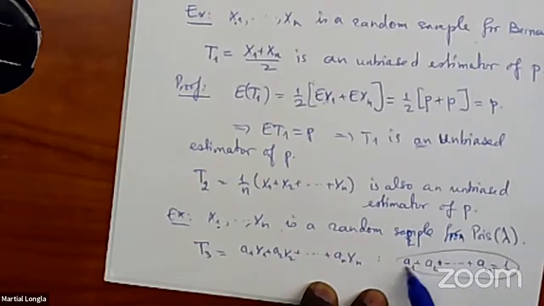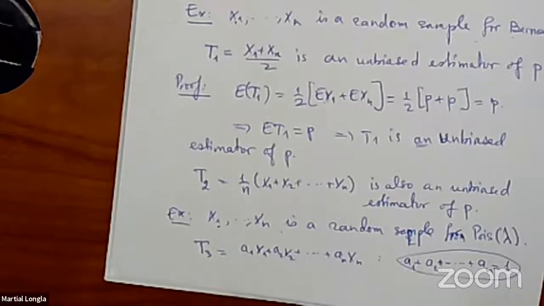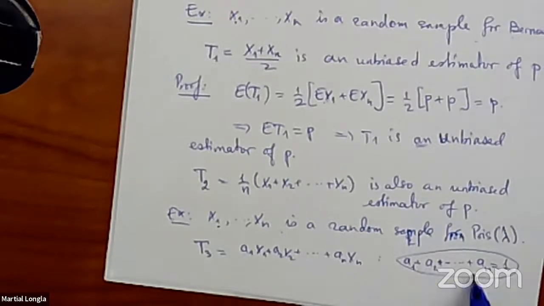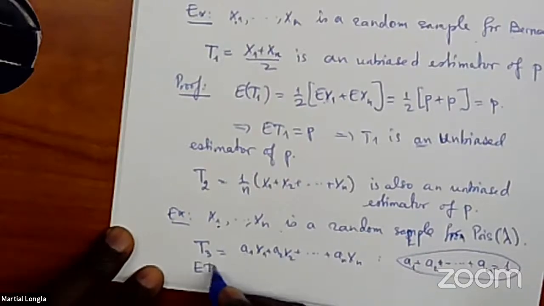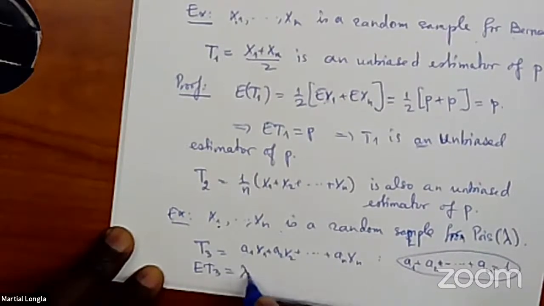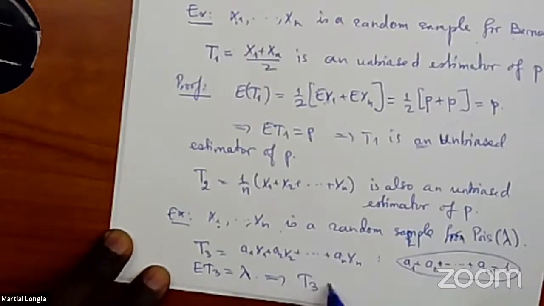So these are numbers, okay? Not parameters, to make this not be a statistic. It is a statistic because these are numbers. I'm saying take these numbers, any numbers such that the sum is equal to 1. Expected value of T3 is going to be equal to lambda. So T3 is an unbiased estimator.